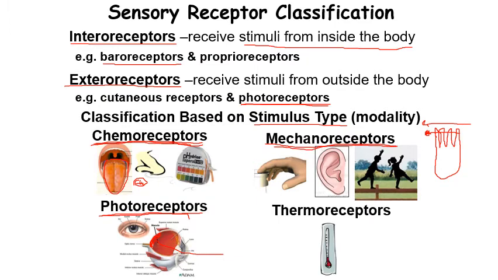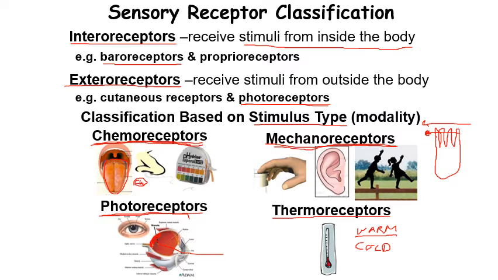Okay, and then there are thermoreceptors. Thermoreceptors respond to warm and cold. Okay, located near your skin. When you touch warm water of a spa, that would activate the warm receptors.